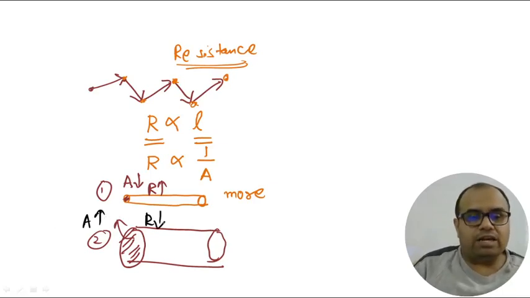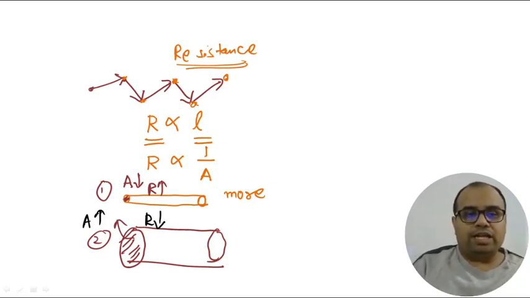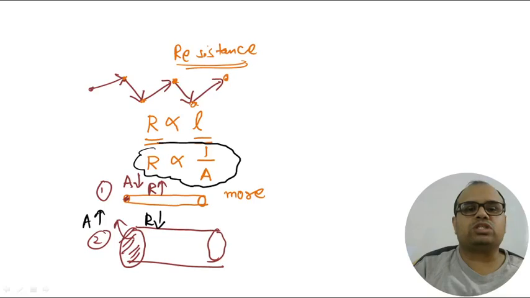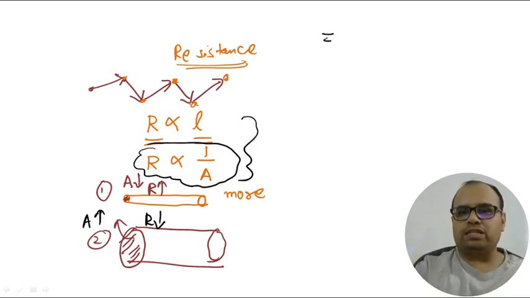It means that the greater the area, the lesser the resistance, and that's why we can say that resistance is inversely proportional to cross section area. Now, if we combine these two results, this implies resistance is directly proportional to length and inversely proportional to cross section area.